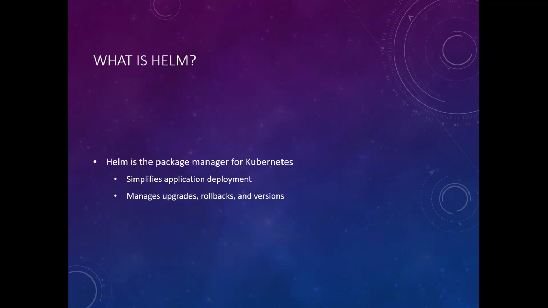So you're going to see commands like helm rollback, helm history to list all the versions, and helm install. With helm install, you can install an application with all its components: databases, front end, back end, load balancers, everything all in one go.